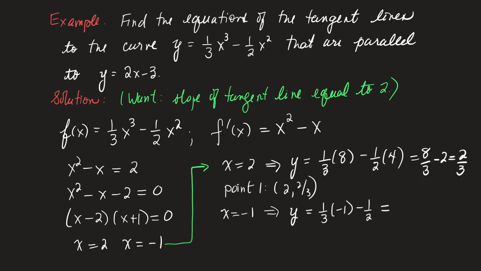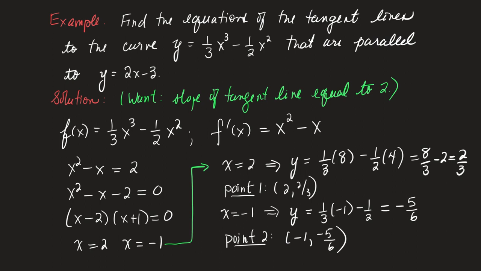So I have minus 1/3 minus 1/2, which is minus 5/6. So that tells me that point 2 is (minus 1, minus 5/6). So now I've got 2 points.